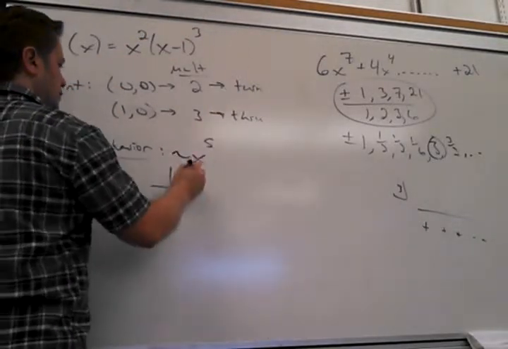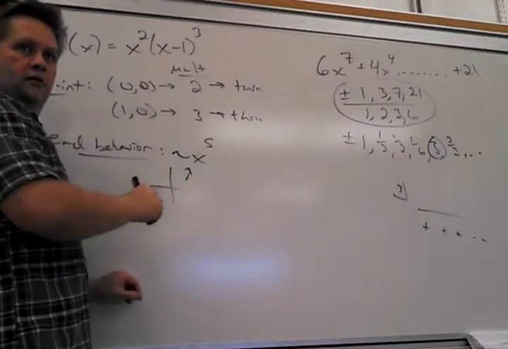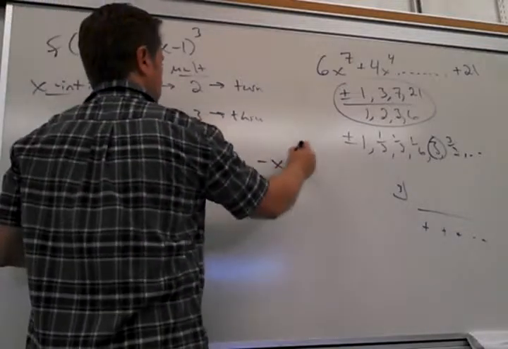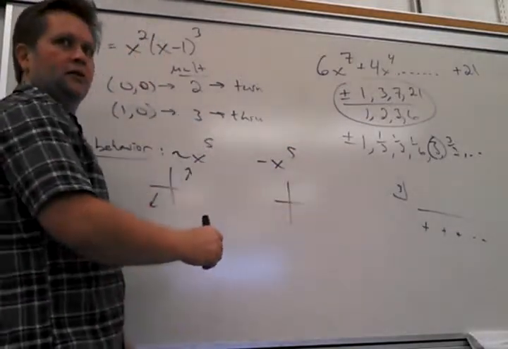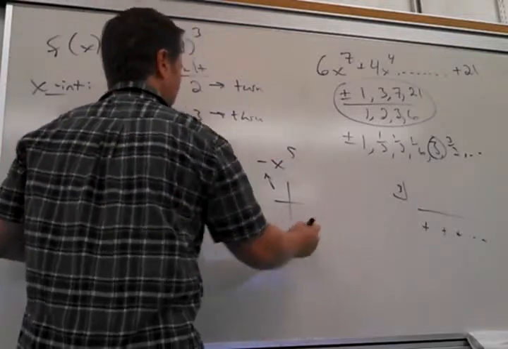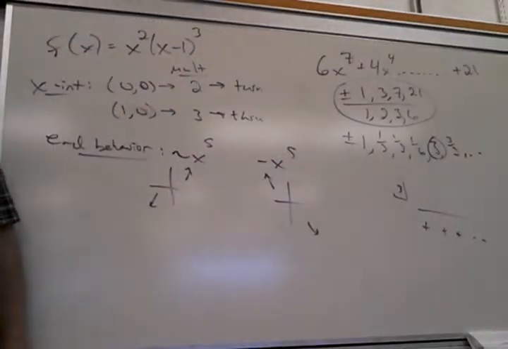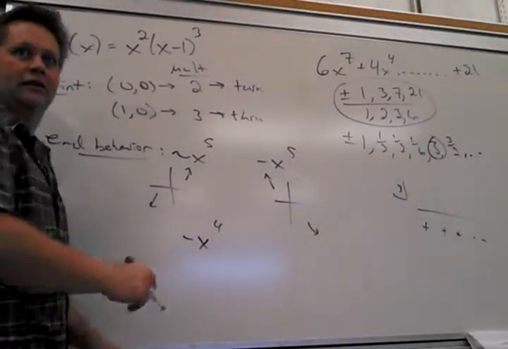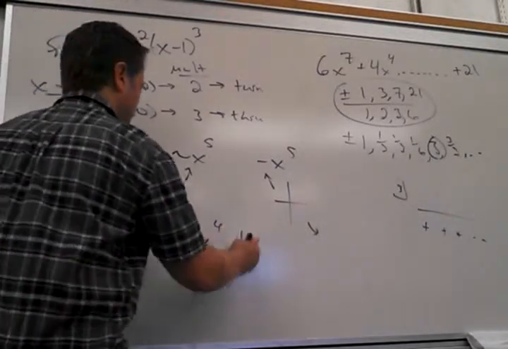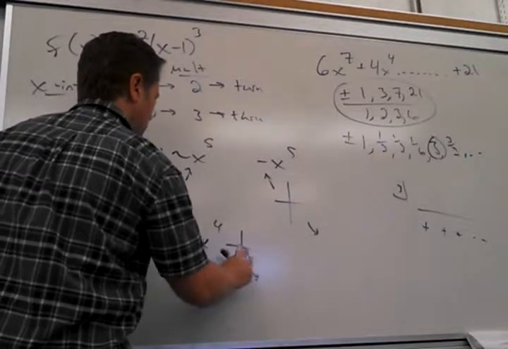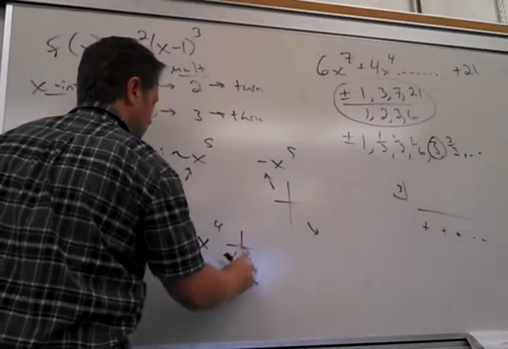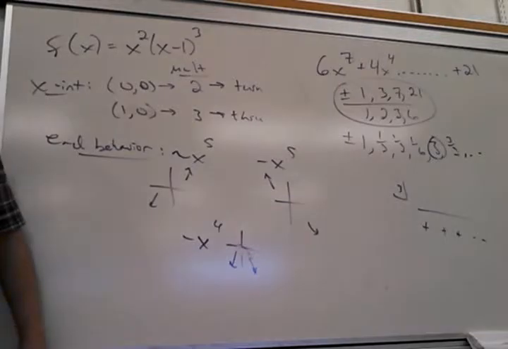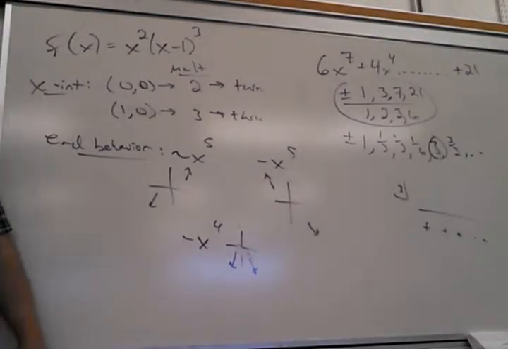If it was negative x to the 5th, it would have been like that. If it was negative x to the 4th, it goes down on both ends. Don't fill in the middle, just do the ends. You don't know what's still in the middle.